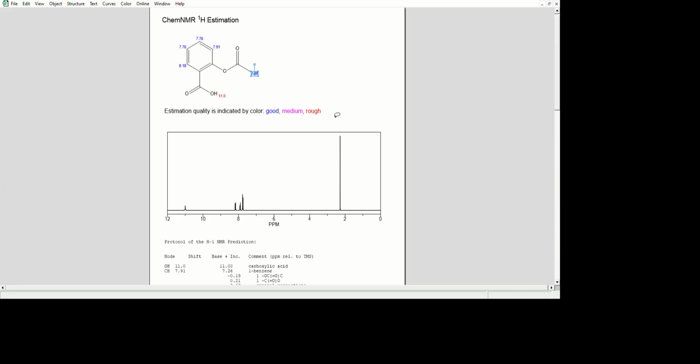And we know the chemical shift of aromatic protons is higher as compared to aliphatic protons. You can see this aliphatic proton comes as a singlet at 2.28. As I told you, the aromatic protons have a higher chemical shift. And how can we calculate the chemical shift?